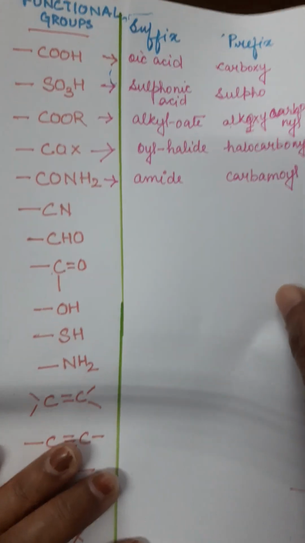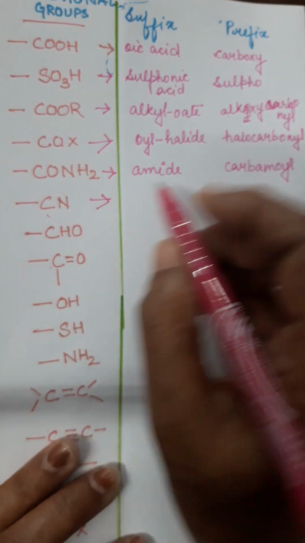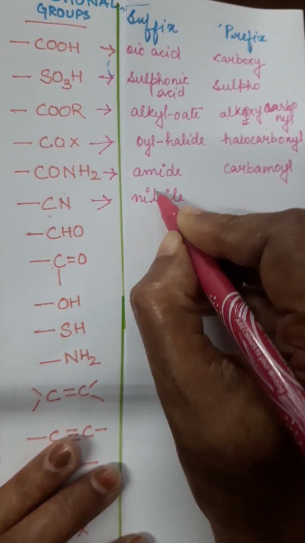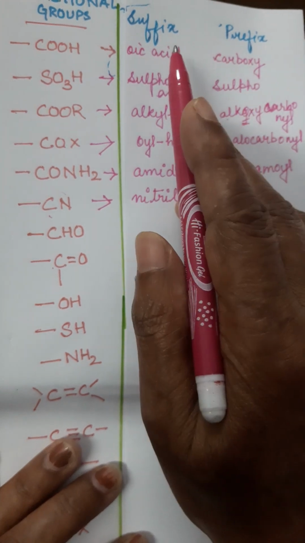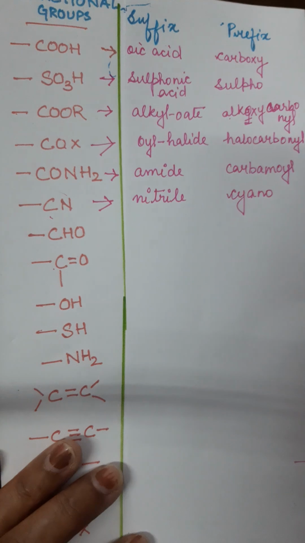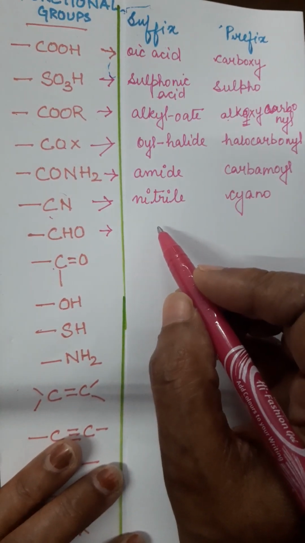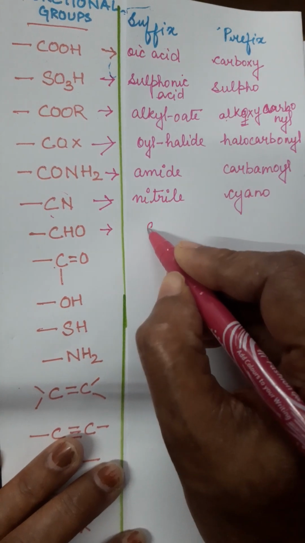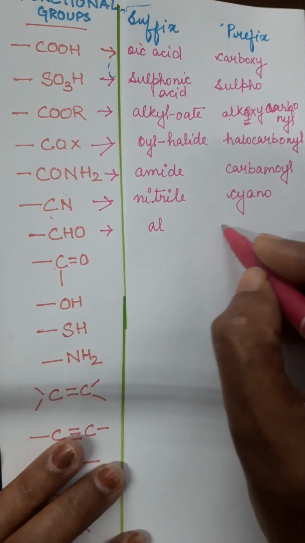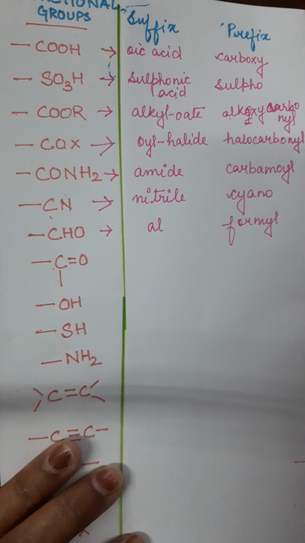Then moving to CN, which represents a cyanide, is named as nitrile as a suffix, and cyano as a prefix. Then moving to CHO, which represents an aldehyde, it is named as al as a suffix, and formyl as a prefix.